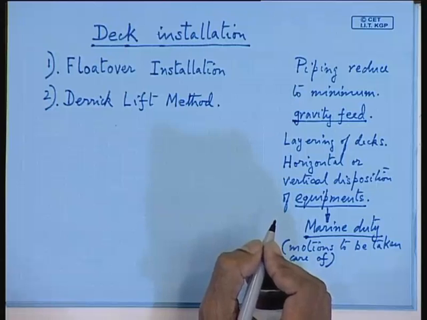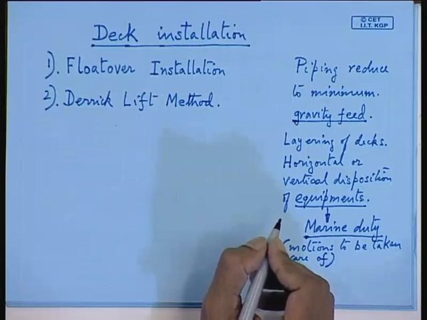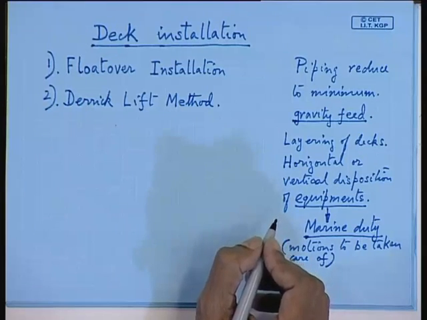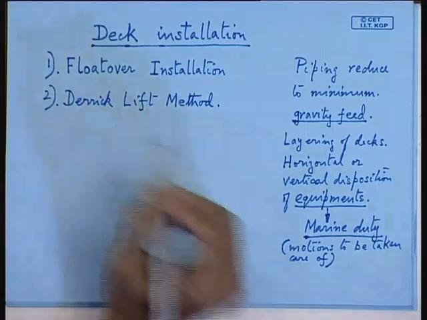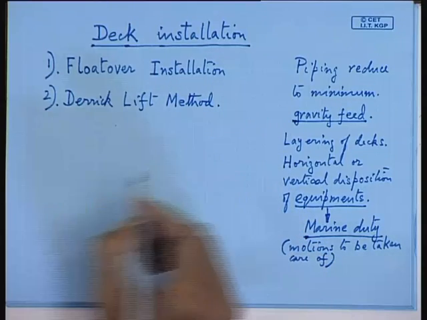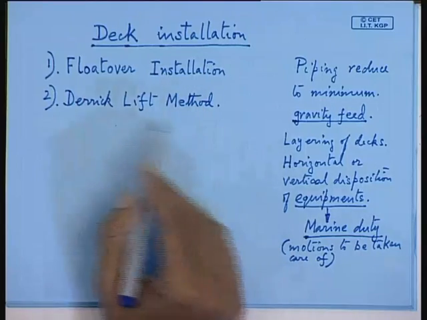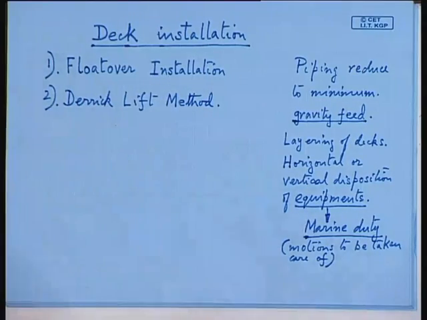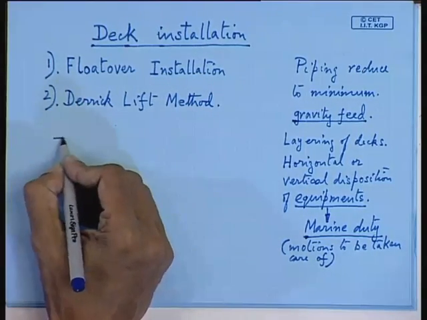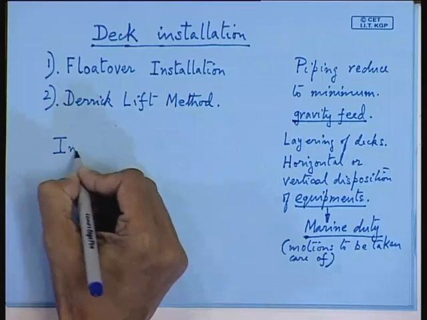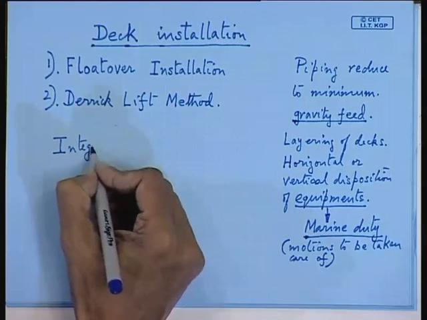Now, if you have a floatover installation, first your decks or topsides have to be specially designed for this floatover or derrick. Remember, when I started my discussion, I said decks are normally designed as two types. One is what? Integrated deck.